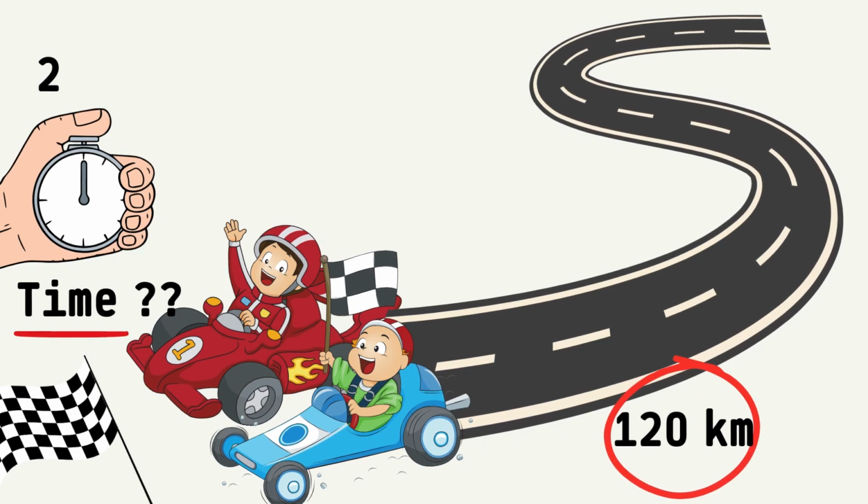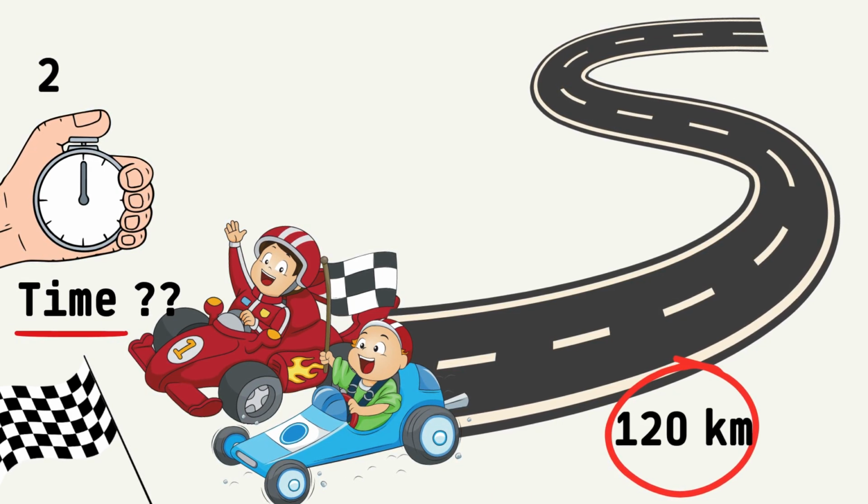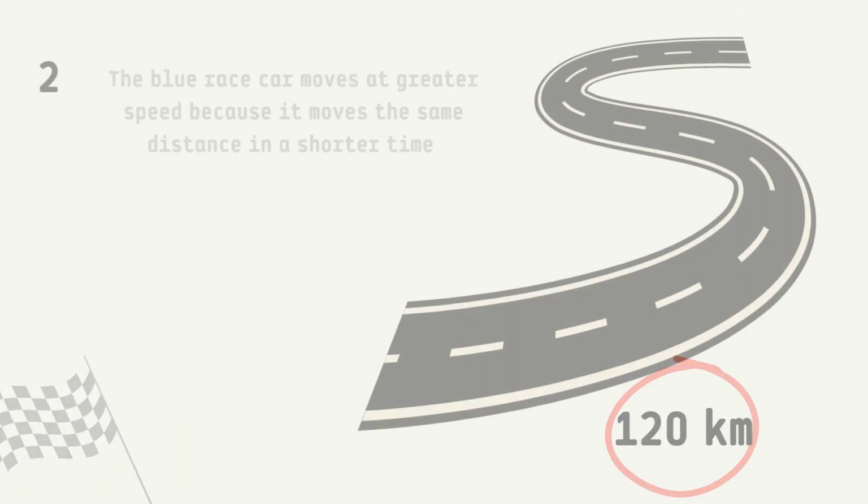Here we have two race cars, the red one and the blue one, and we have a certain distance which is 120 kilometers, and we will measure the time taken by each racing car to move this distance.